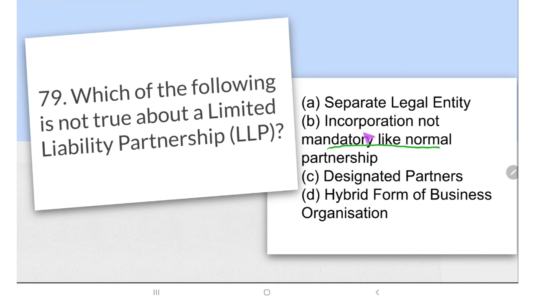Incorporation is mandatory for LLP too. It is talking about not true, so we can clearly see option B, but let's see the rest of the options too. Designated partners, hybrid form of business operation. Yeah, it is. So we can clearly say that option B is the right answer. Next question.